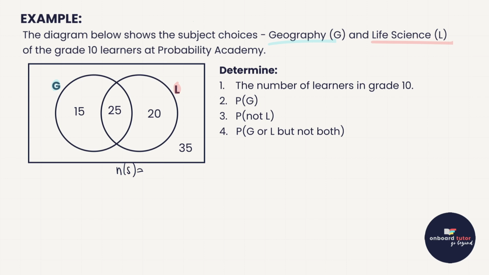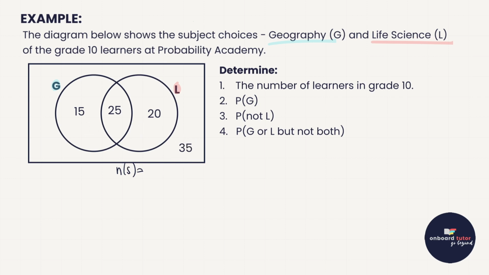They haven't written that. But I can definitely work that out because I know that 15 learners take only geography, 25 learners take geography, and remember the intersection means and life sciences, 20 learners take only life sciences, and 35 learners don't take either of these subjects.